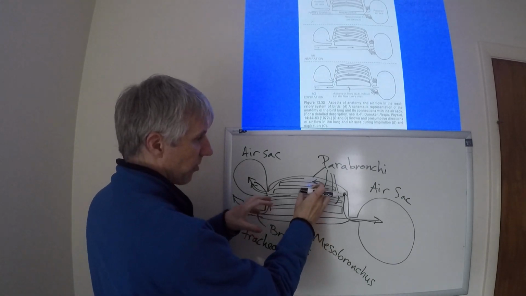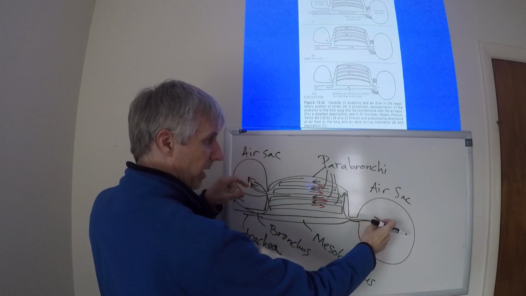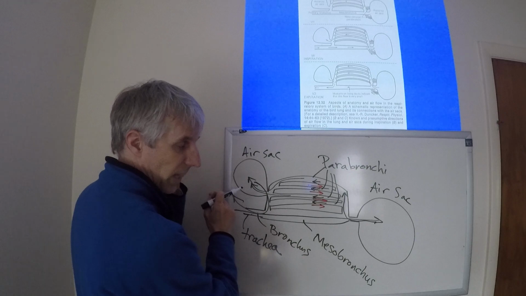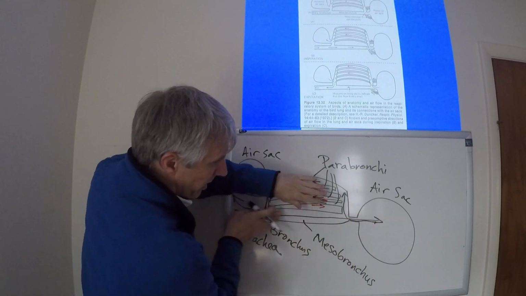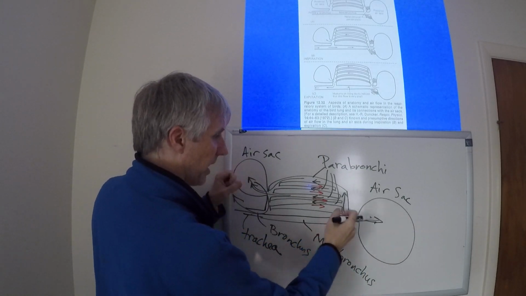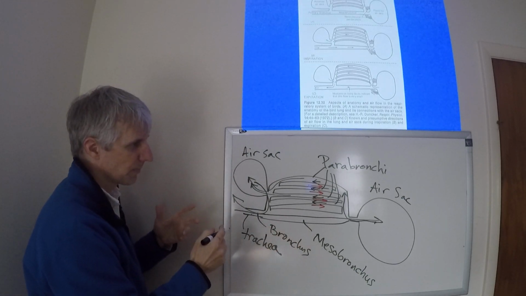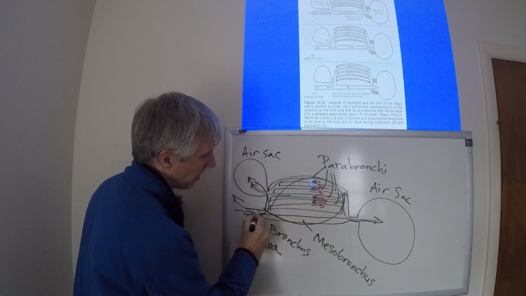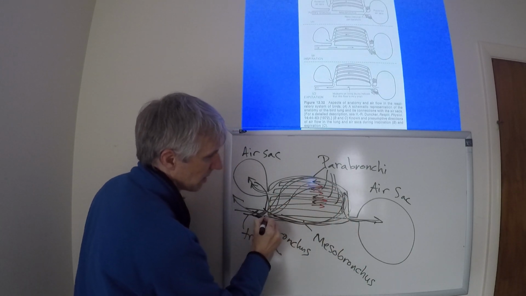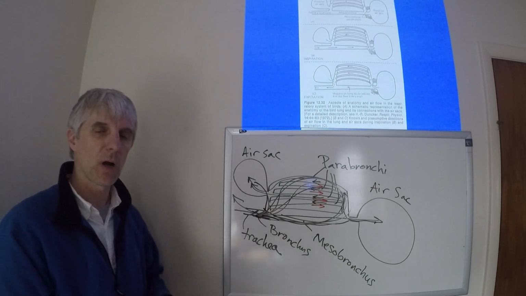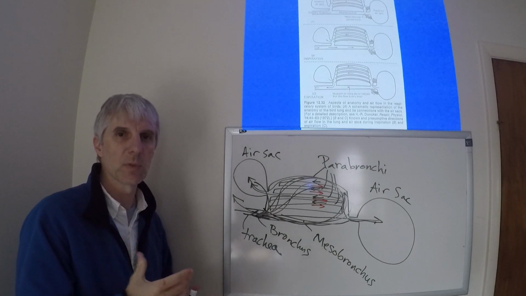Okay, so this air here, I squeeze on that, air gets pushed out, and then I increase the size of the thoracic cavity, air gets pulled like this, squeeze it out, air gets moved like that. So I end up with this weird kind of circular movement of air, so that I'm always moving air across those parabronchi respiratory membranes in the same direction.